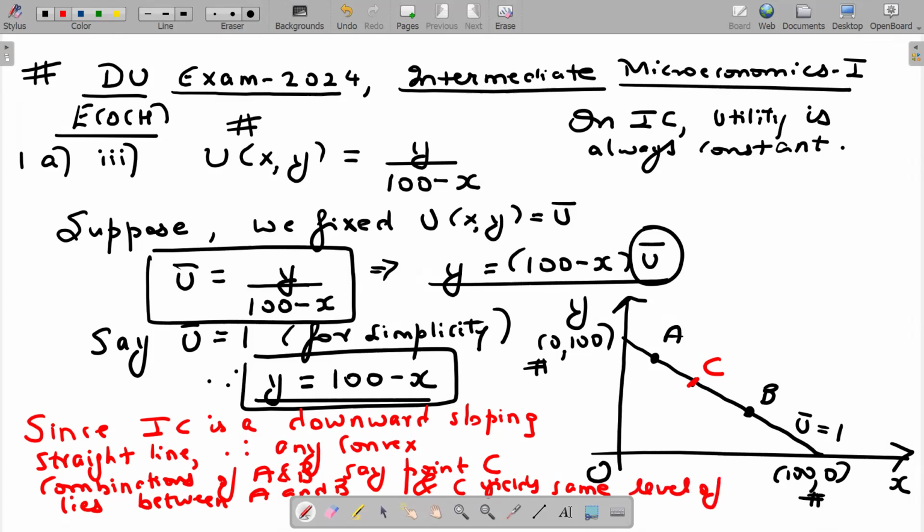Point C yields the same level of utility as A and B. The utility you get from point C is the same as the utility you get from A or B.